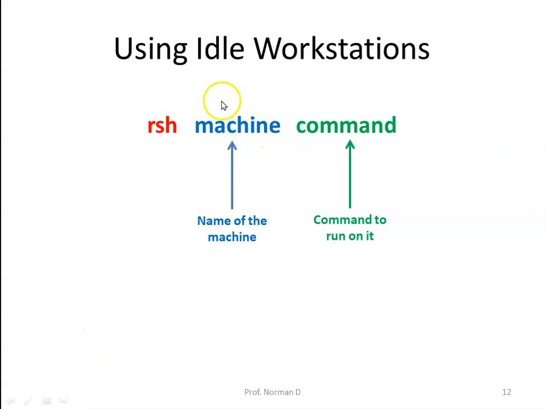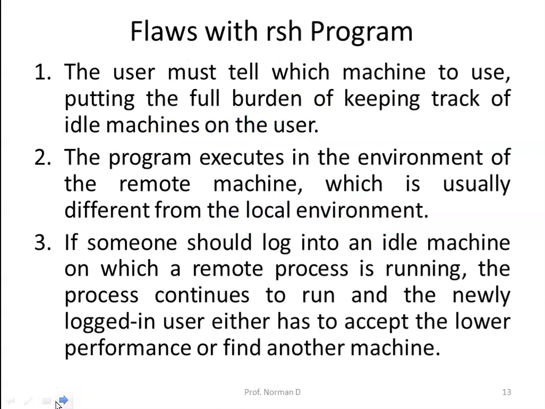The machine value gives the name of the machine, and the command tells what job is to be done on the remote machine. So basically, this program runs the specified command on the specified machine. Now there are certain flaws in RSH.